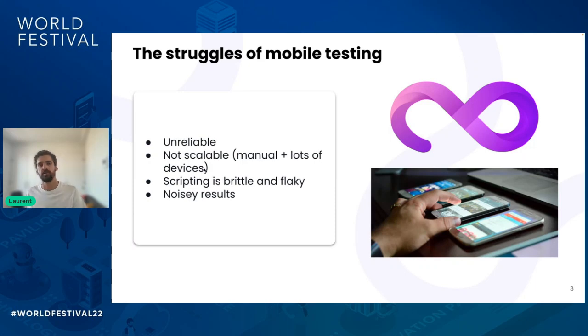Historically, when you want to do that kind of testing, meaning trying to be in the user's eyes, you usually do manual testing or you do scripting. For both of them, if you ask people that do that, it usually comes with a lot of bad experience. Unreliable and not scalable come up a lot, especially for manual testing.